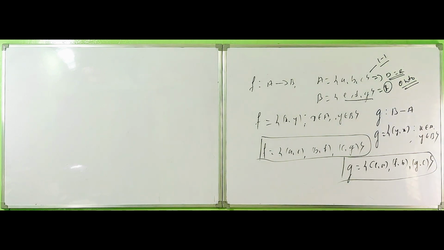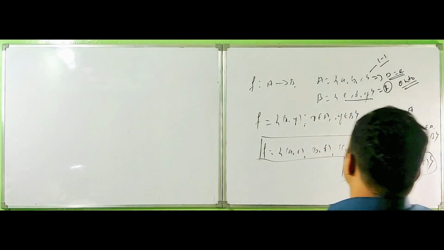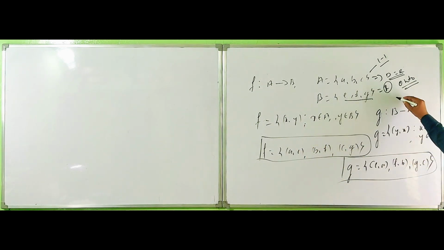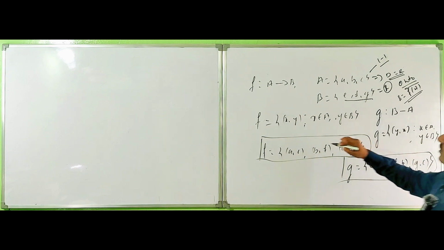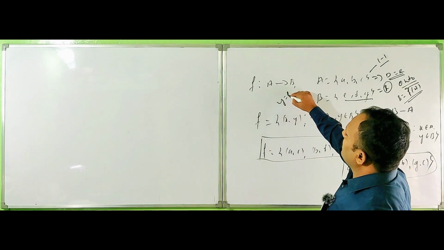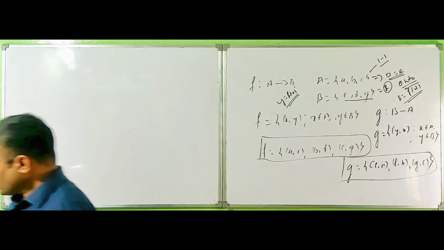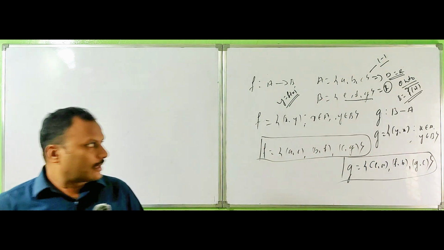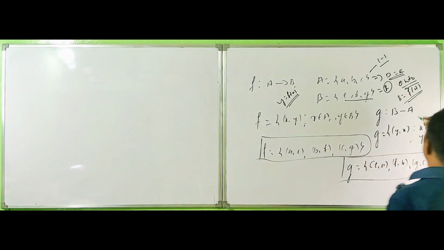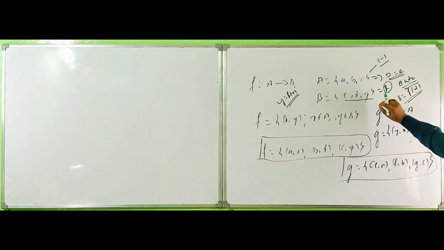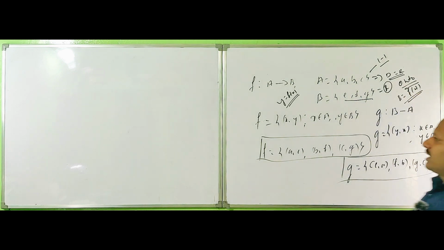What is onto? You write y is equal to f of x, the definition of onto. The B set has only the elements corresponding to the elements of A.